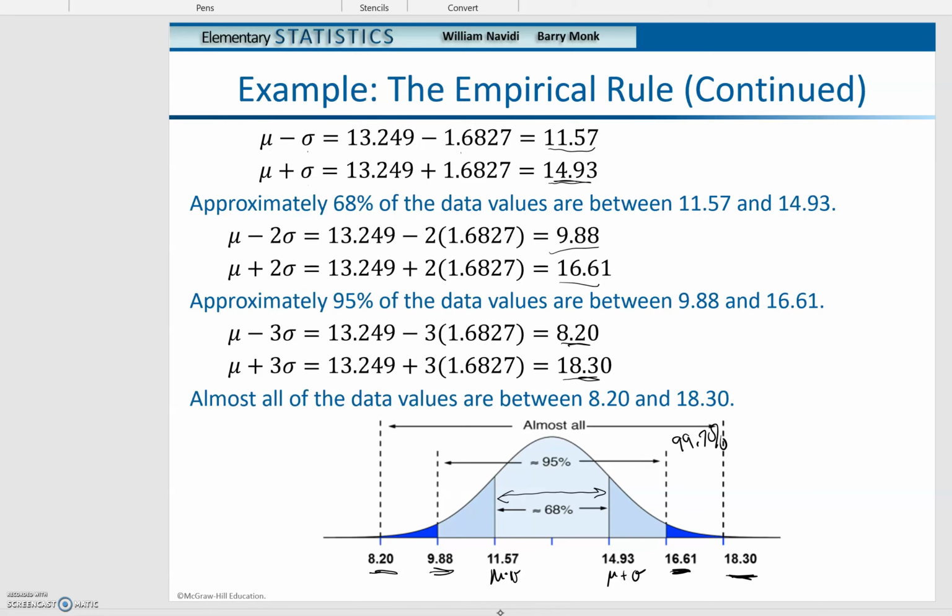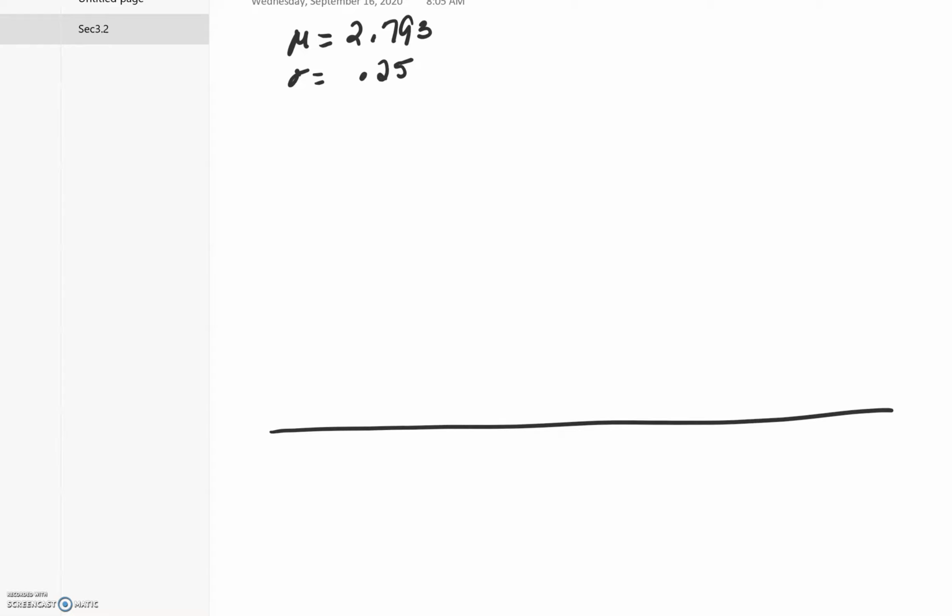So let's just try another one. Let's say I have some data and I know that the mean is equal to 2.793 and the standard deviation is equal to 0.25, let's say. So I want to make my empirical rule chart.